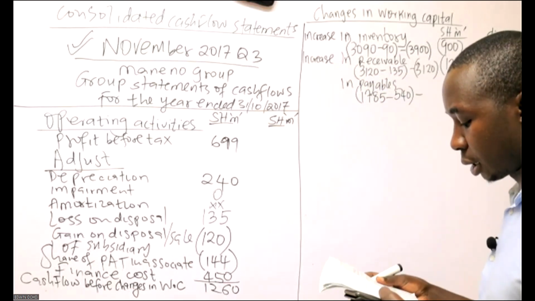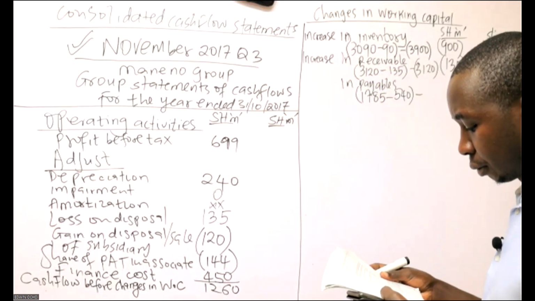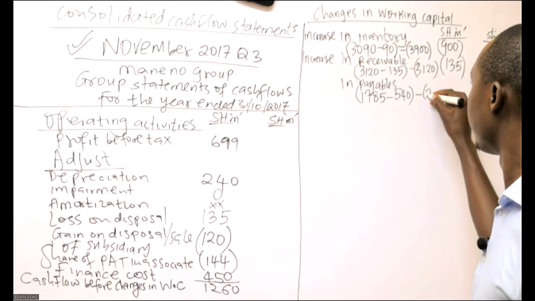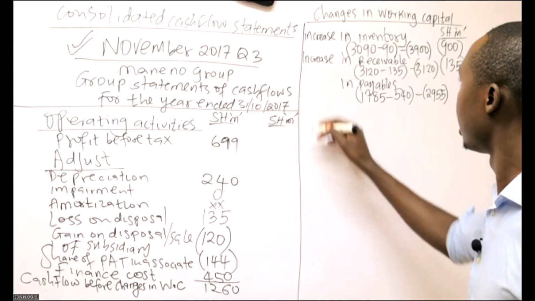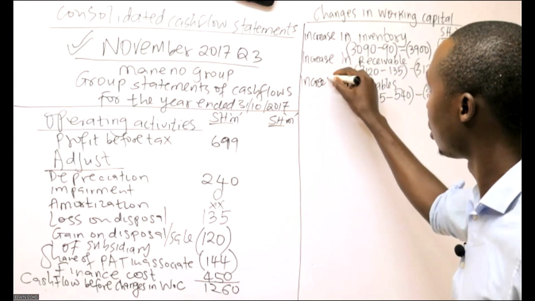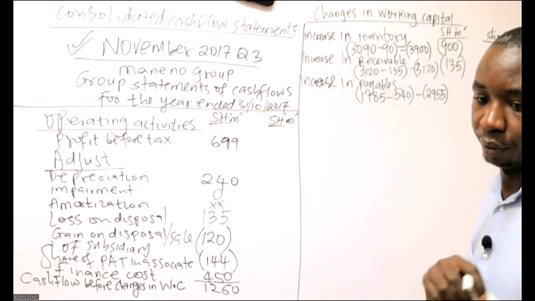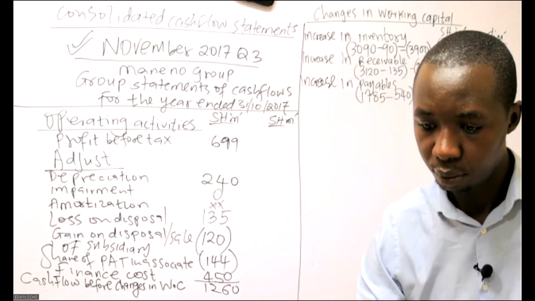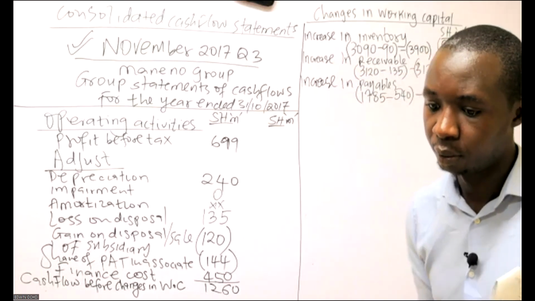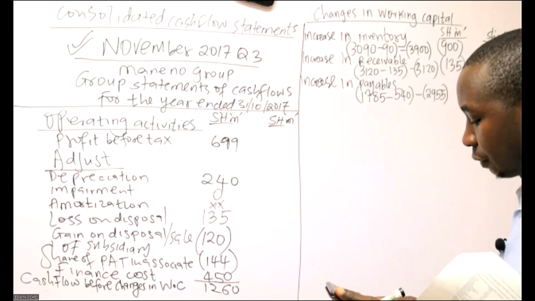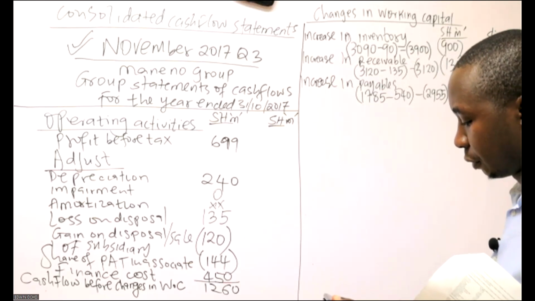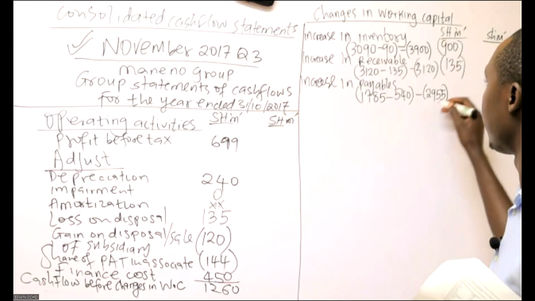Then I compare with balance carried down of 2955. So meaning that there's an increase here of which figure? 1,785 minus 540 minus 2955. That is 1710.